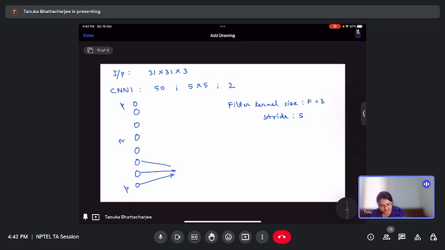So the first 3 neurons will be passed through the convolutional kernel, and it will lead to one value, one neuron in the next layer, the CNN layer. So first these 3 are combined, your kernel will pass over these 3.